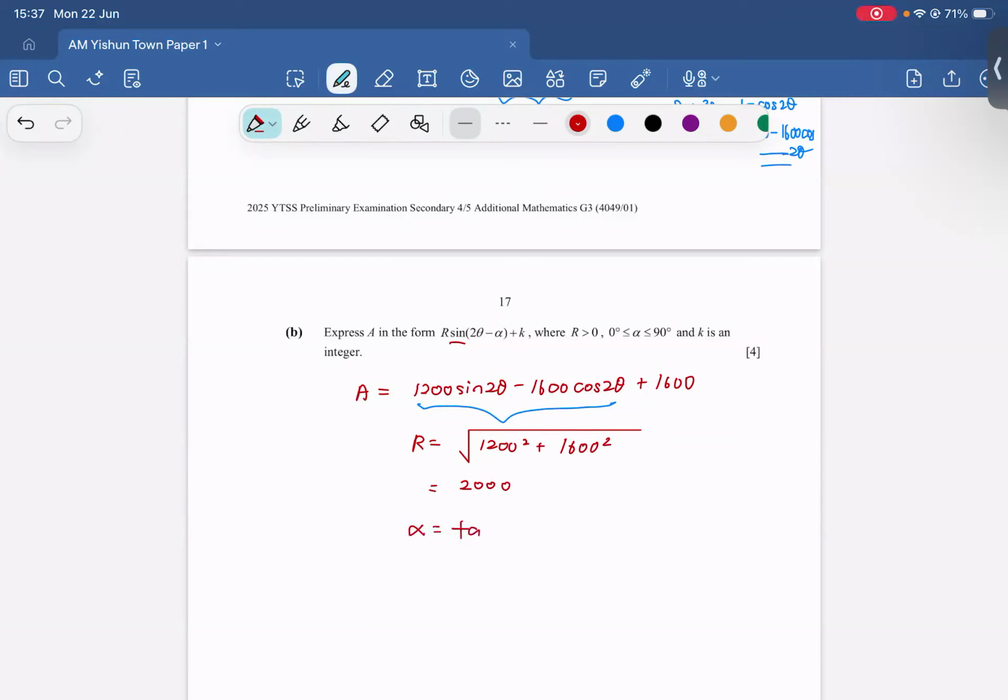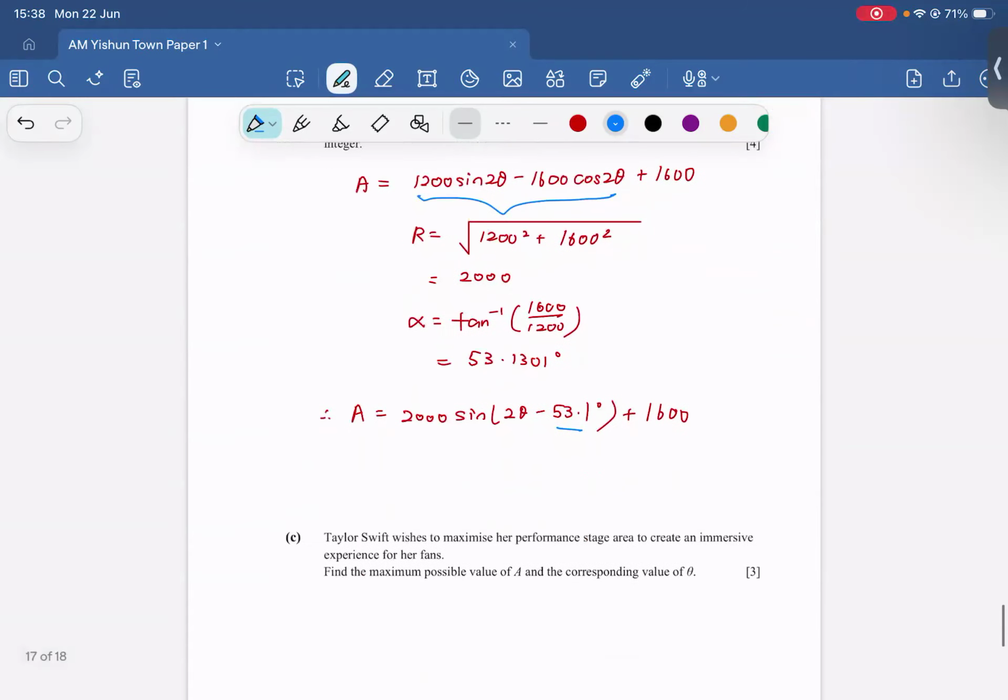Alpha equals tangent inverse B over A, 53.1301 degrees. Therefore, A equals 2000 sine 2 theta minus 53.1 degrees plus 1600. Remember to change the answer to 1 dp because it's a final answer after all.